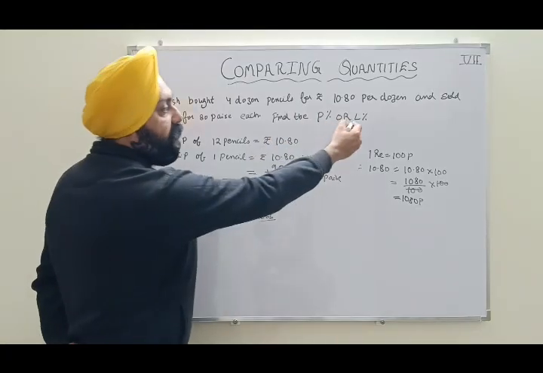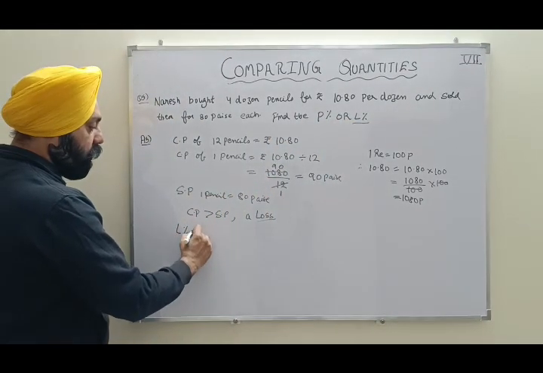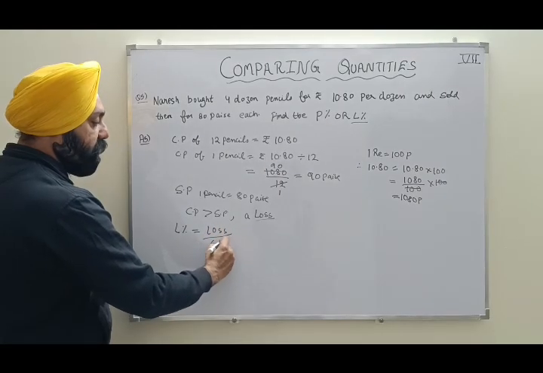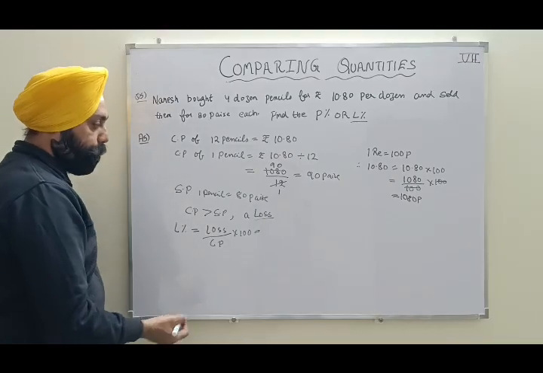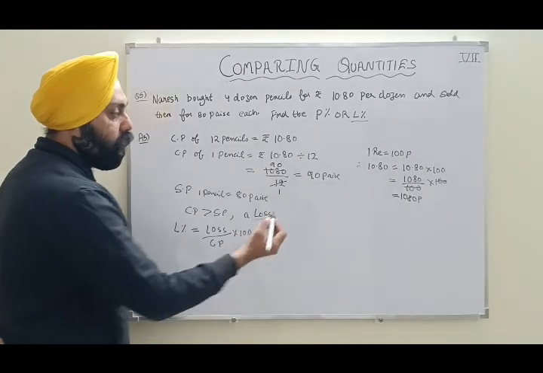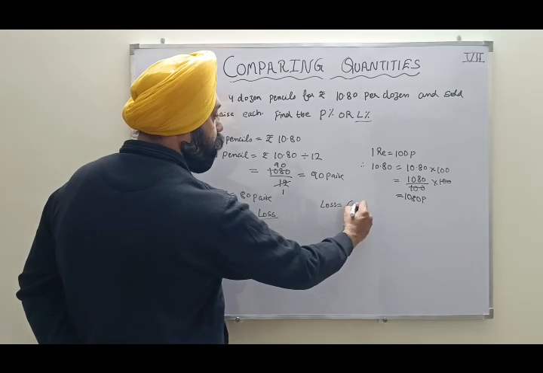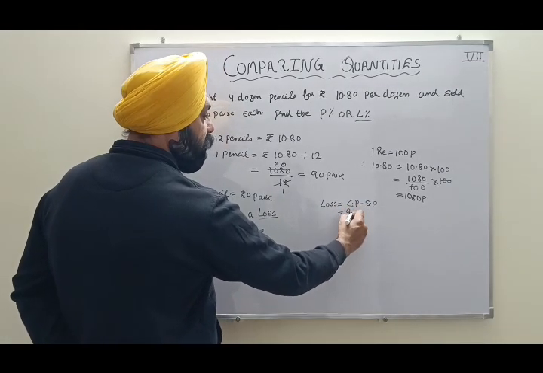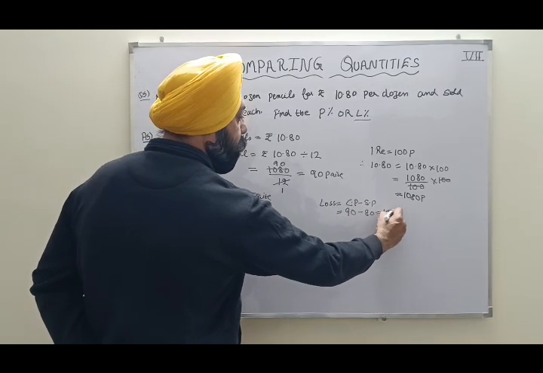Now we will find the loss percent. Again, just a formula: loss percent is equals to loss divided by CP into 100. You can calculate the loss as loss is equals to CP minus SP. So cost price was 90 paise minus 80 paise will give 10 paise as a loss.